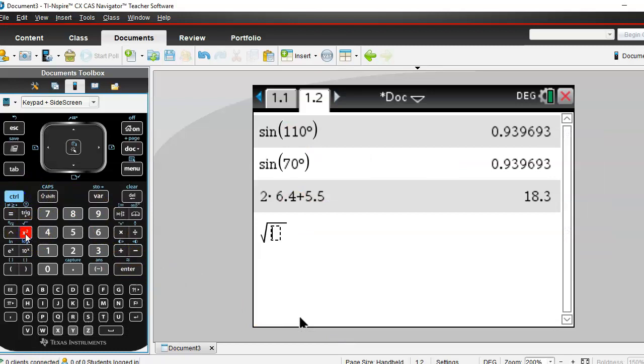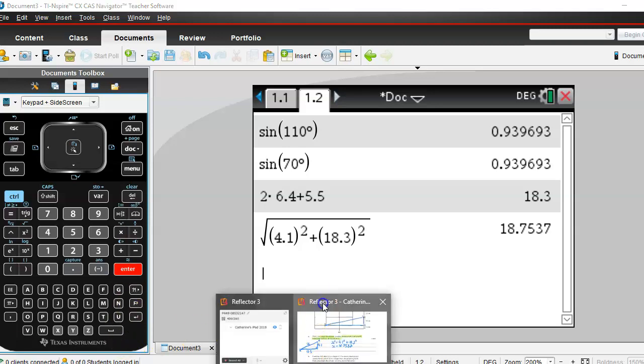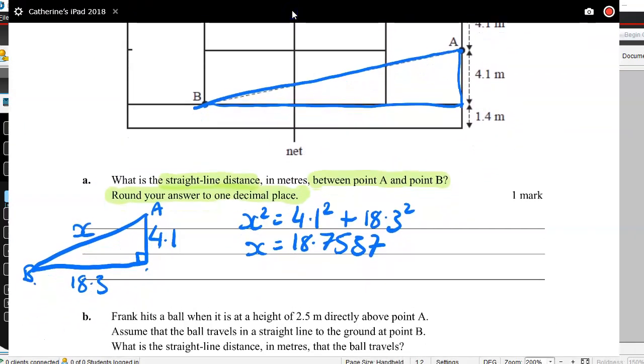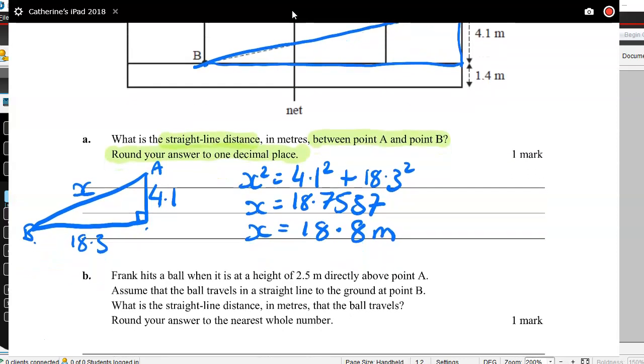So, square root of 4.1 squared plus 18.3 squared equals 18.7537, and the rounding instruction was to 1 decimal place, so x equals 18.8 meters.